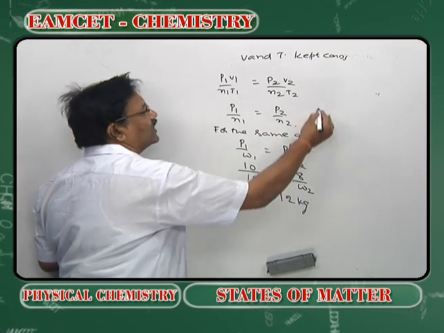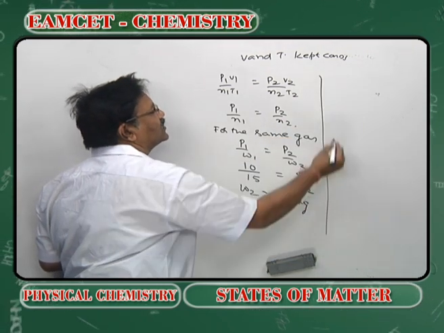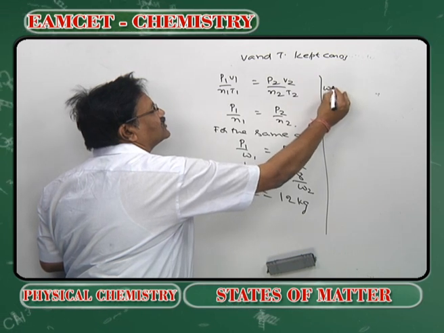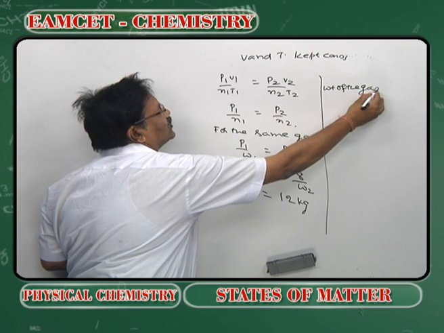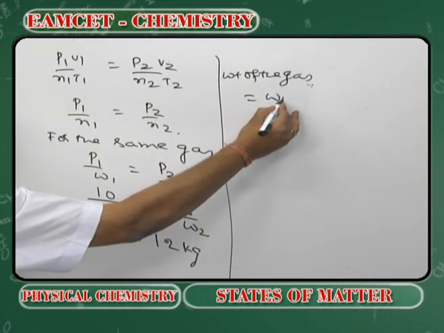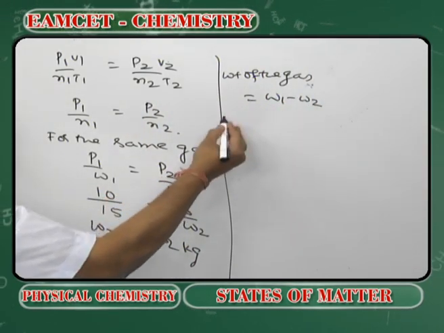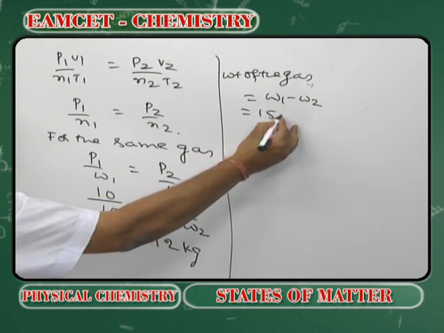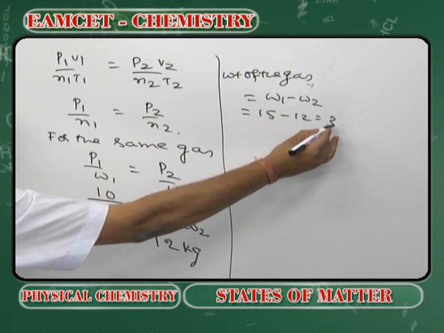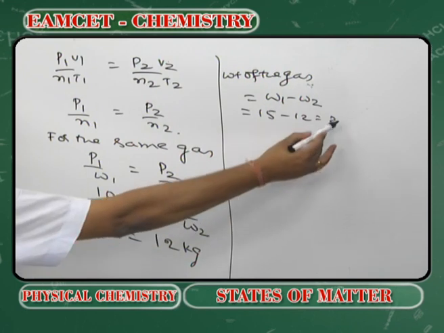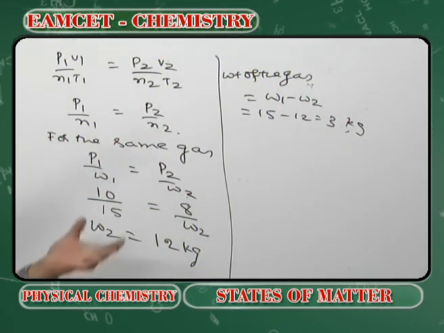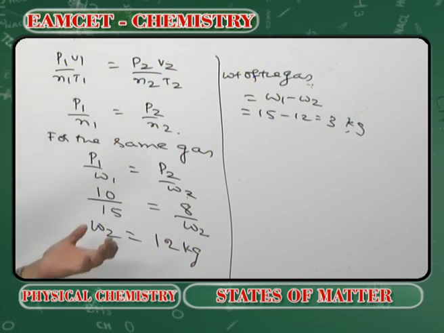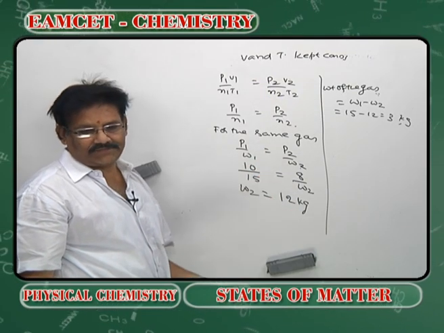So the weight of the gas that is leaked out is W1 minus W2, 15 minus 12, 3 kg. This is the way to do it. Answer 3.